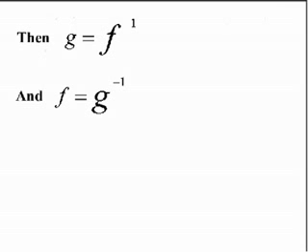Now, the notation that we use is that g is equal to f to the negative 1, and f is equal to g to the negative 1. And this notation allows us to write expressions for inverse functions efficiently.